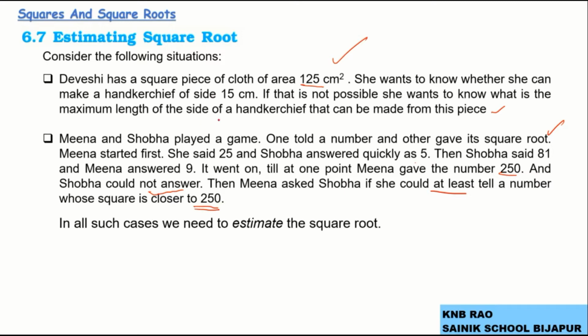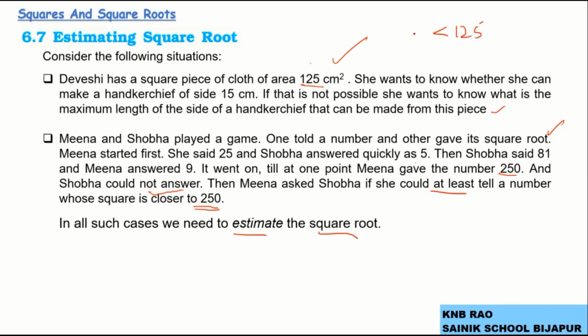Such situations make us understand that we need to estimate the square root of non-perfect squares. This 125 is not a perfect square. Even 250 is not a perfect square. We need to find the closest perfect square to 125.